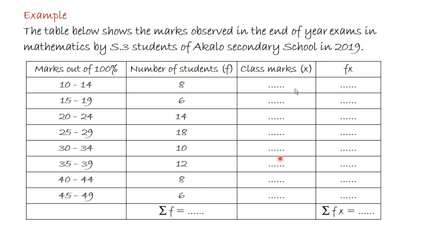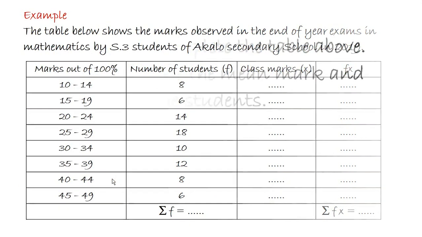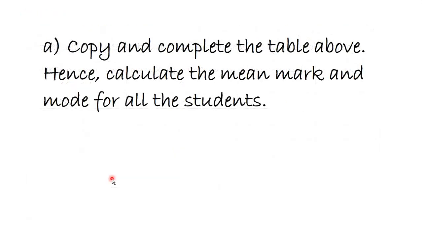Here we have the table: marks out of 100, number of students, class marks, and FX. The task is to copy and complete the table above, and hence calculate the mean mark and the mode for all students.